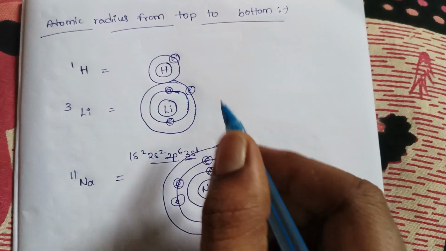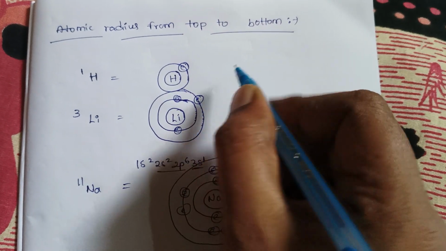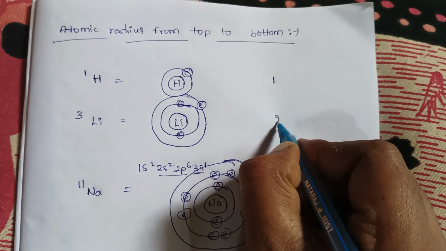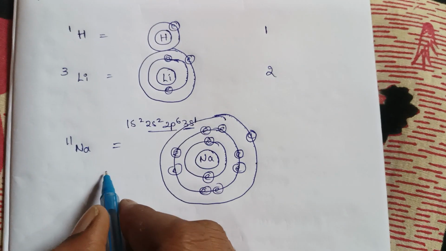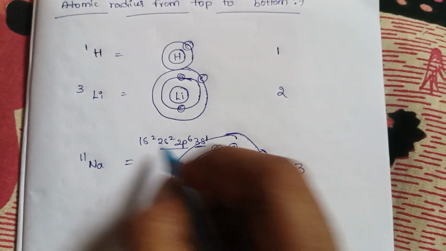Here if we observe, how many shells are present? 1 shell. For lithium, 2 shells. For sodium, 3 shells.